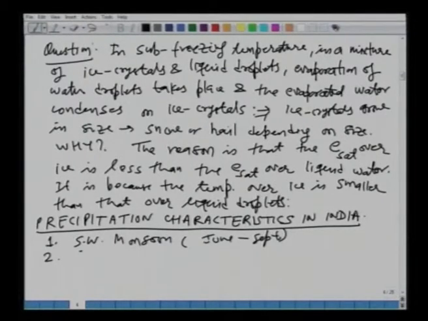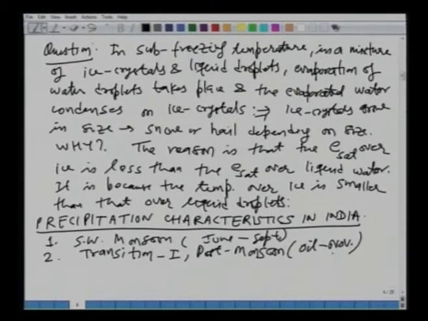Second one is called transition 1, which is also known as the post monsoon, which is from October to November. Okay.